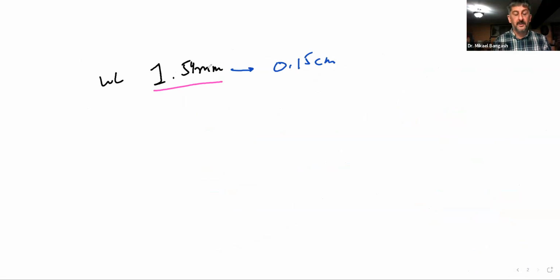You don't come across it. Because there may be 3, 4, 5 options of different numbers, and you don't come across 1.54 millimeters. You may come across something expressed in meters. You may come across something expressed in micrometers. You may come across something expressed in centimeters.